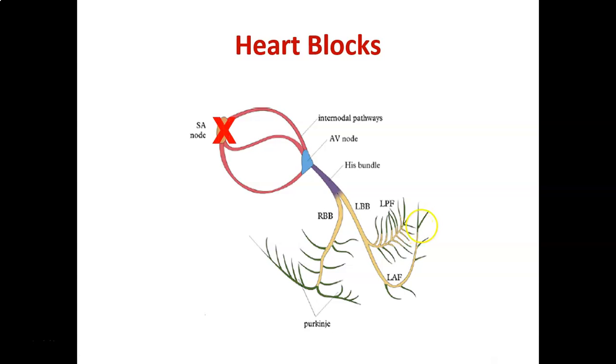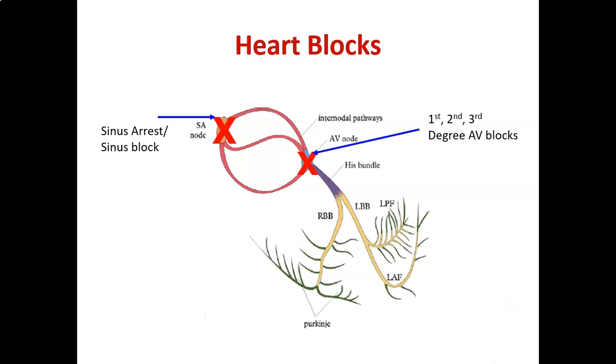So electricity can be blocked at the SA node, and we get the sinus arrest or sinus block. Electricity can also be blocked or delayed at the AV node, and we get first degree, second degree, and third degree AV blocks. If the electricity blocks at the left bundle branch or right bundle branch, we get the left and right bundle branch blocks respectively.